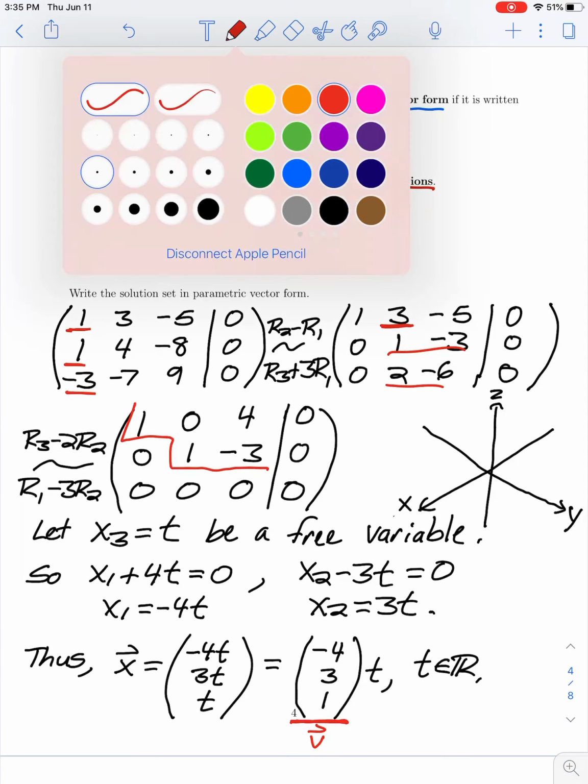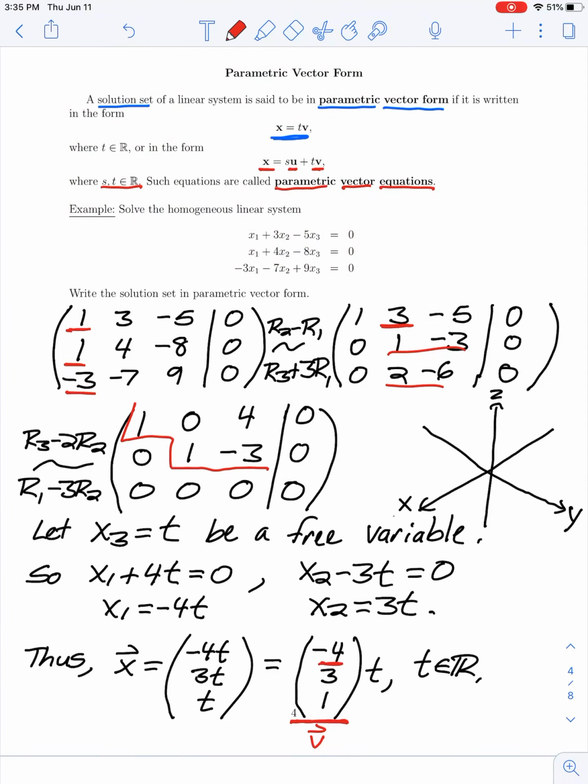So for x, we had an x component of our vector of negative 4. So we're going to be moving in the negative x direction 4 units. And our y component was positive 3. So in the positive y direction, we're moving 3 units. And then in the z direction, we've got a positive 1.